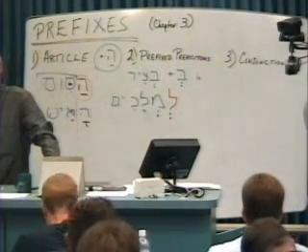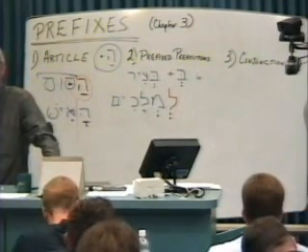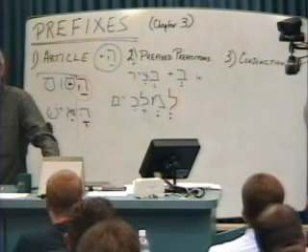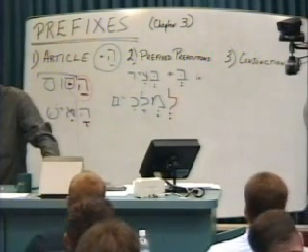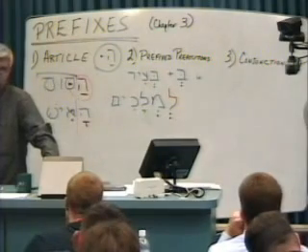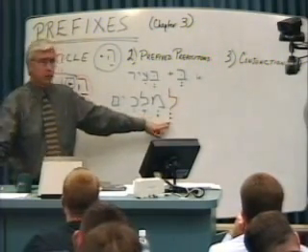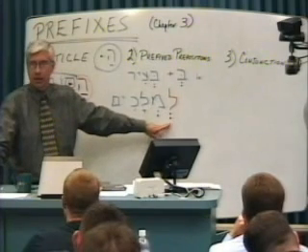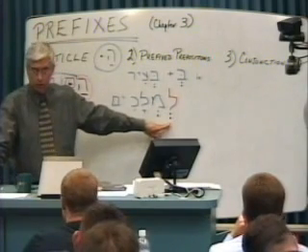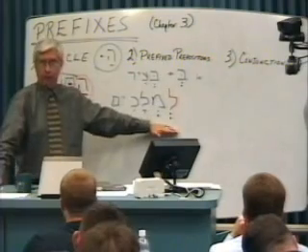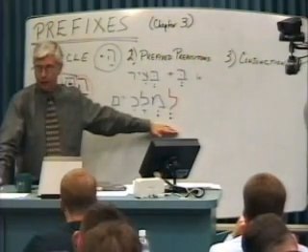Well, wait a minute. Can you have two schwas together in Hebrew? Yes, if and only if the first is silent and the second is vocal. By definition, a schwa at the beginning of the word must be vocal. So we can't have two vocal schwas together.